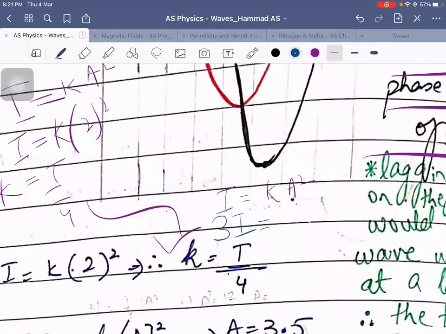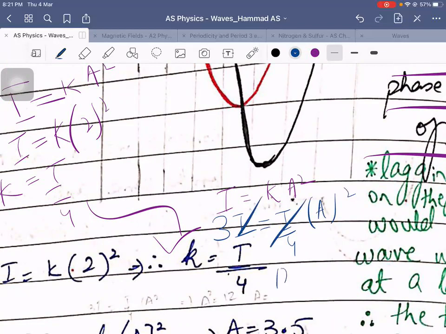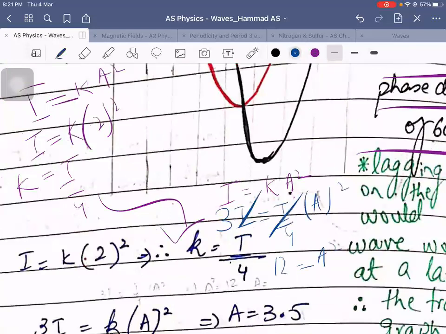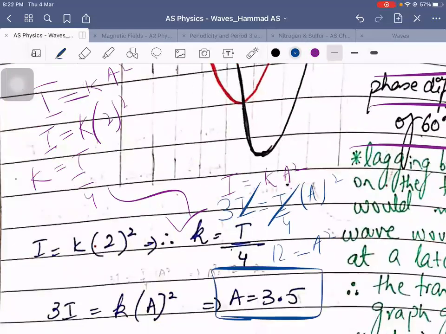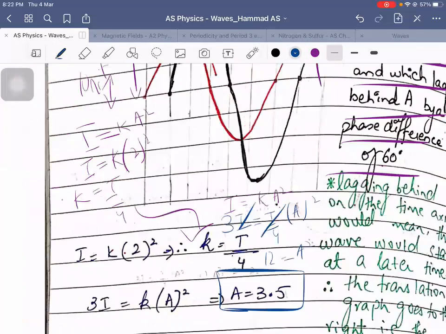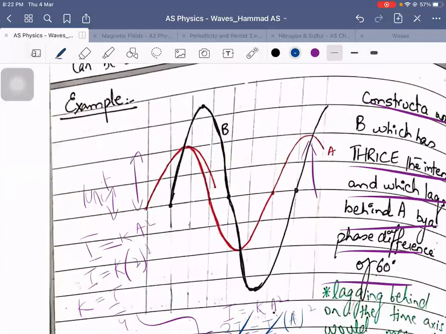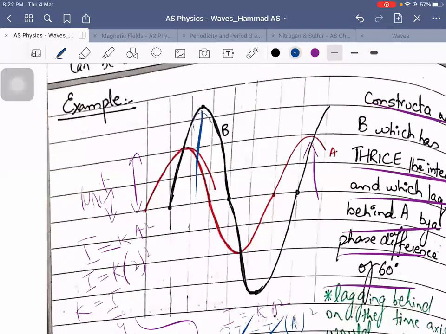The K value is I upon 4 and your amplitude comes out to be squared. Your I cancels off and you'll understand that 12 is equal to amplitude squared. And when you under-root that, you'll approximately get a value of 3.5 for the amplitude. And you know that wave B should have covered 3.5 units now.